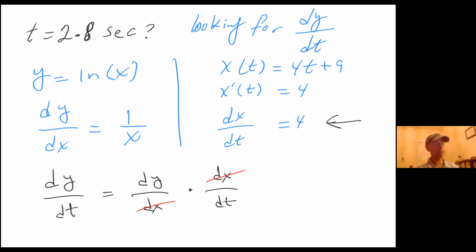And so dy dt indirectly is the same as dy dx times dx dt. So let me go to the next page. So dy dt equals dy dx times dx dt.